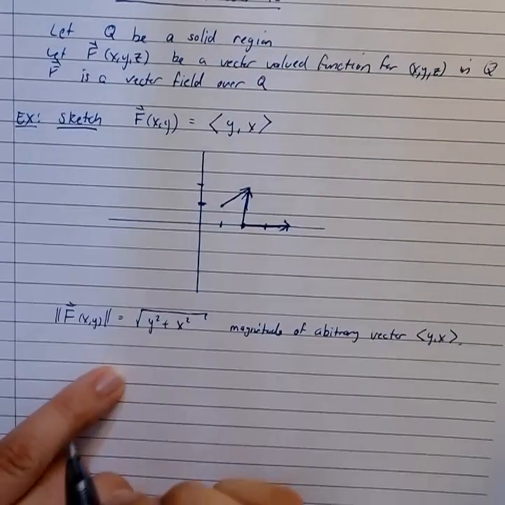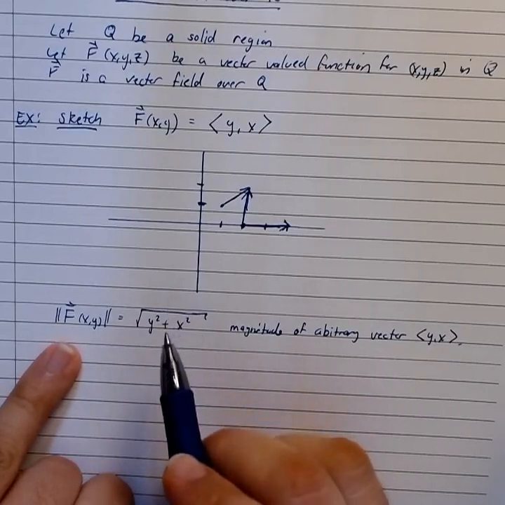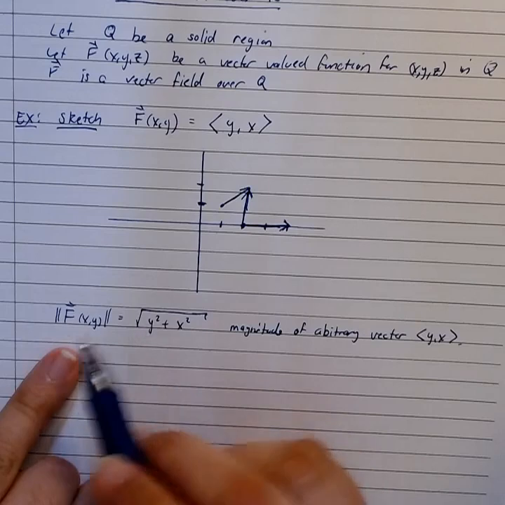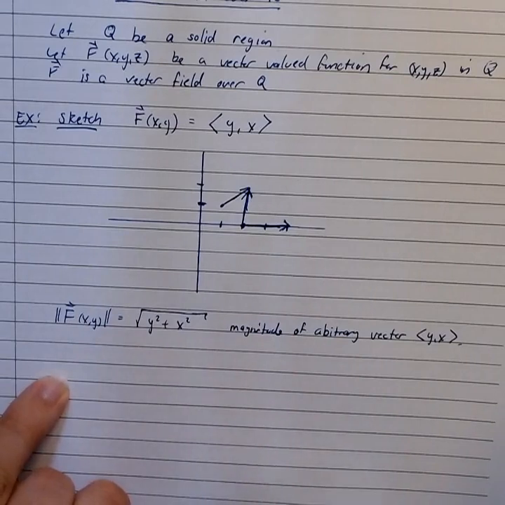Okay, so now what? Well, now consider a single magnitude, meaning pick a number and assign that as your magnitude. So here, I'm going to just arbitrarily choose a simple number. I'm going to choose the number 1.